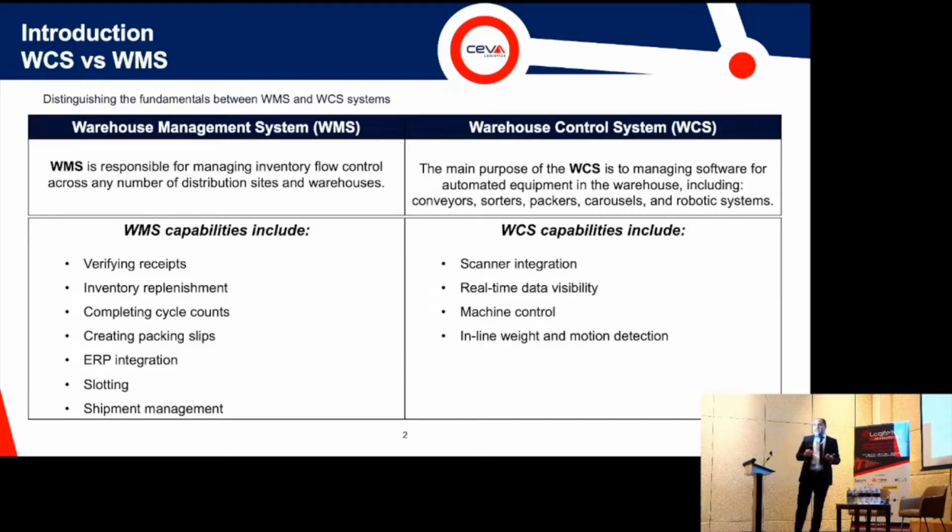Real-time data visibility, the machine control and weight and motion detection. For example, for high-value commodities, such as tobacco or very high-value electronic devices, we want to make sure that the weight and motion check is there.